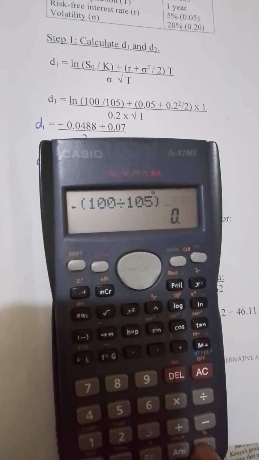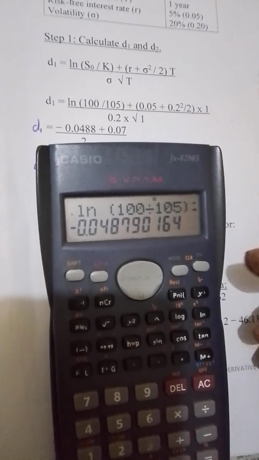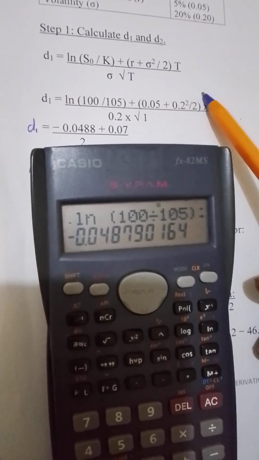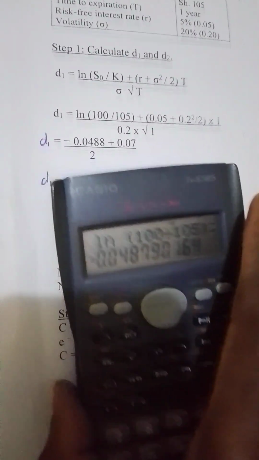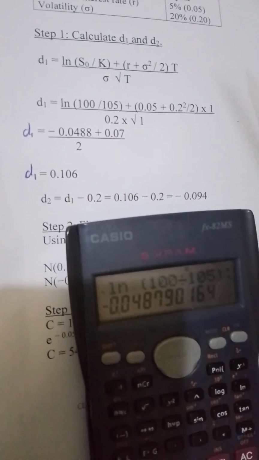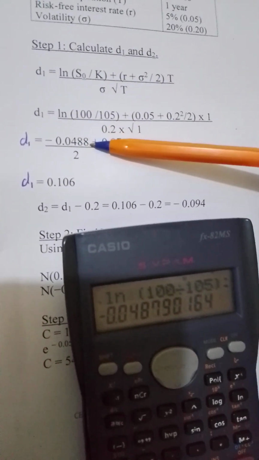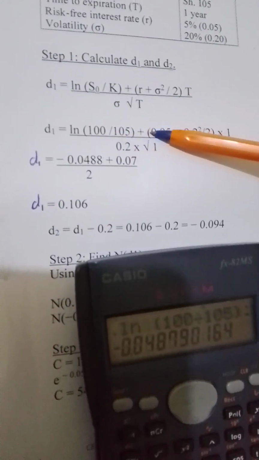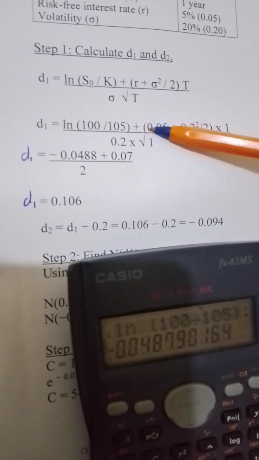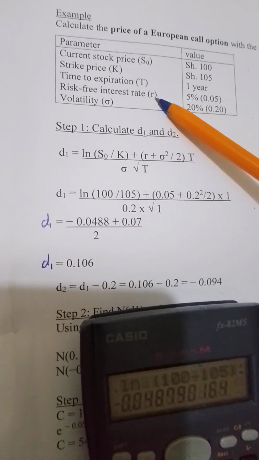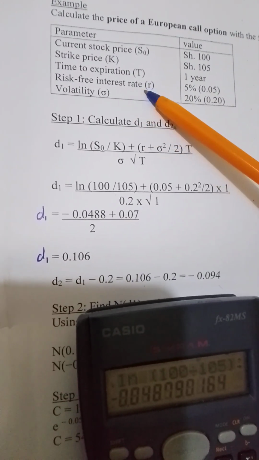And you get negative 0.0488. So that's how you go about that. This section here, you get negative 0.0488. Now this part, I think you don't have a challenge here. You just take 0.05 because that is our risk-free interest rate.